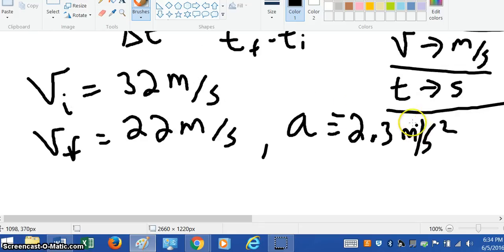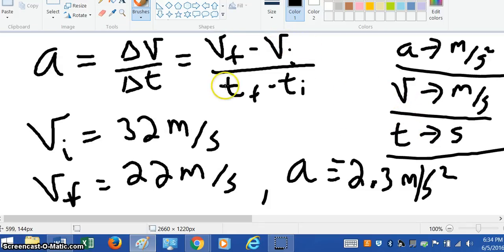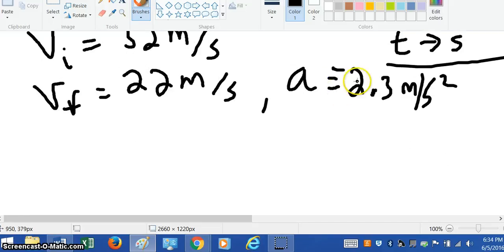So how do we solve this? Really, what we're looking for is the time. So that's the question: how much time does it take a car to go from 32 to 22, accelerating at negative 2.3 meters per second squared? So what is the time?